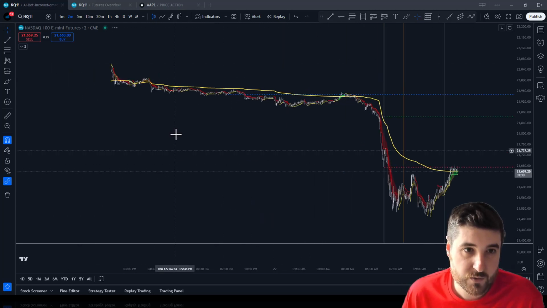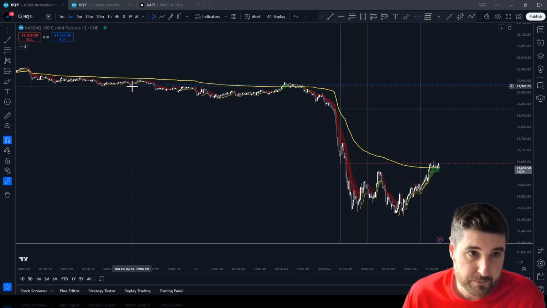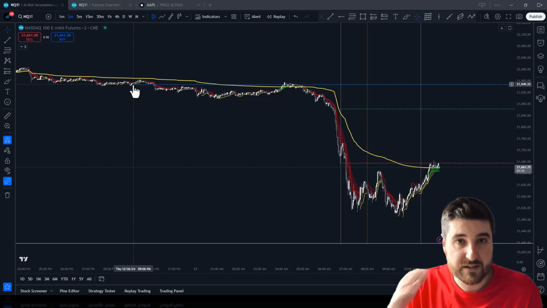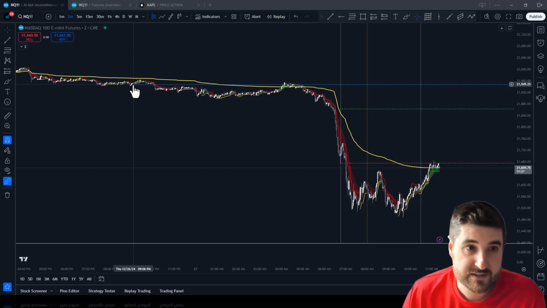So let's start with this blue dashed line. For me, it's 9 p.m., but this is New York midnight open price. And what this lets you know is kind of where that reset, that new day is, because the markets are in New York, right, for NASDAQ, S&P 500. So this is kind of like New York's new day.